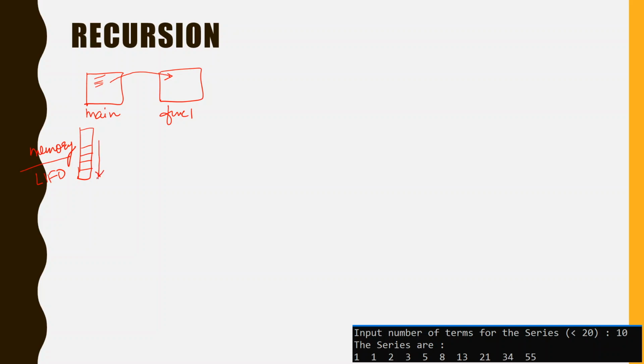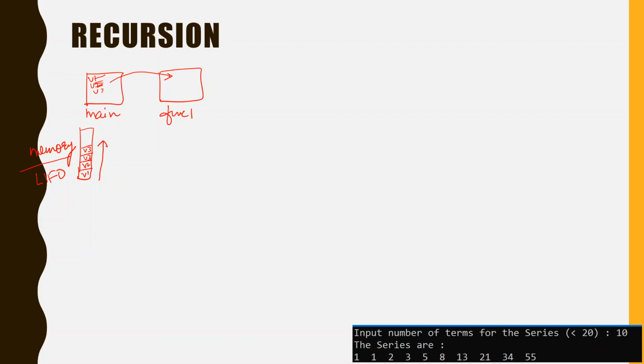So the stack is filled from bottom to top, in the way that the variables, suppose there are v1, v2, v3, v4, are stored in the form of a stack.